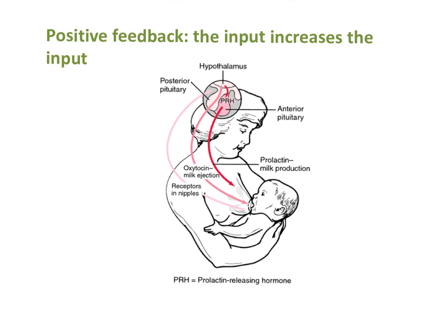So as the baby suckles on the nipple, it stimulates the nerves in the nipple to tell the brain that there's a baby there and to produce more milk. Well, if there's more milk coming out of the nipple, the woman will probably have the baby suckle more, which then causes this cycle again to amplify until at some point the woman cuts the baby off.